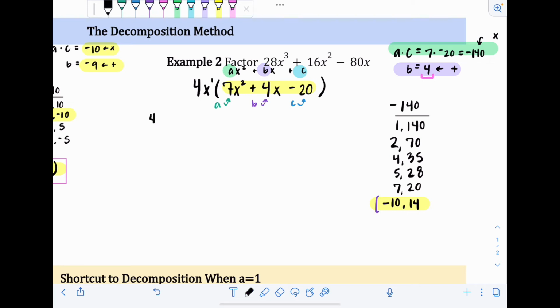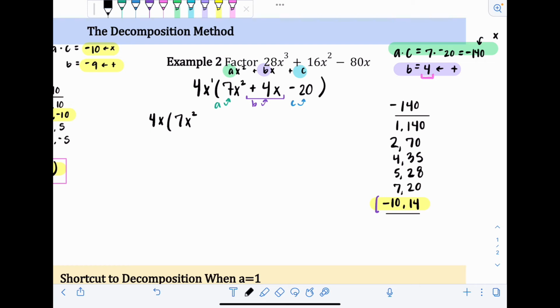So I'm going to bring down my 4x in front. And then now, the part that's inside the parentheses is going to stay exactly the same, but my 4x is what's going to get broken down. So it'll be 7x squared, and then instead of 4x, it'll be negative 10x plus 14. And it doesn't matter what order you write them in at all.